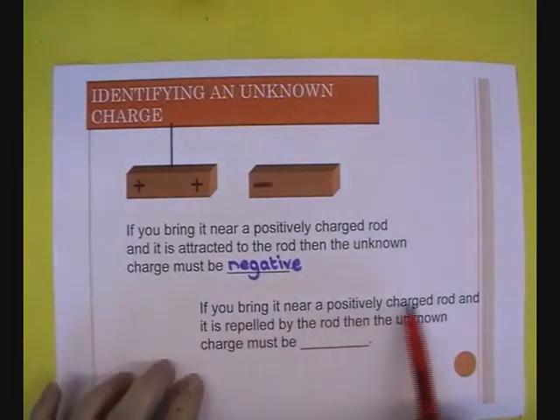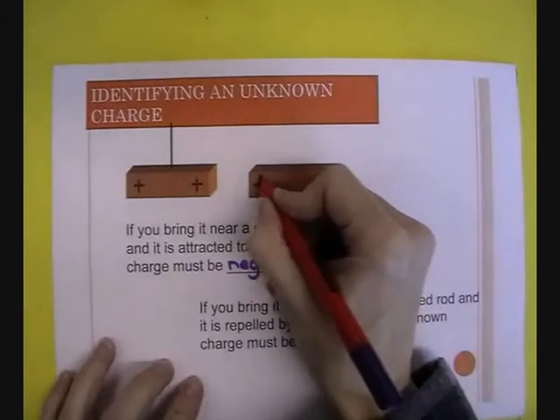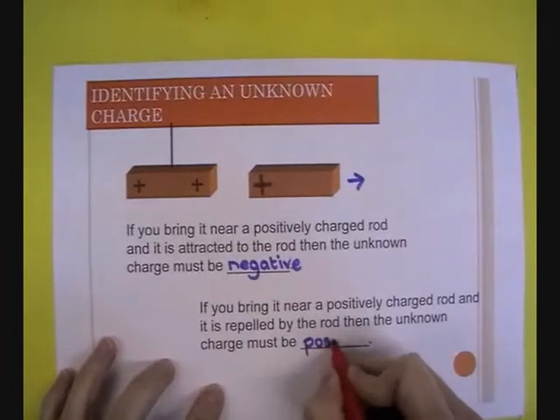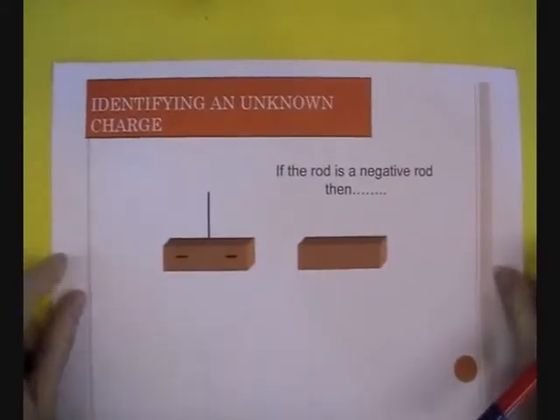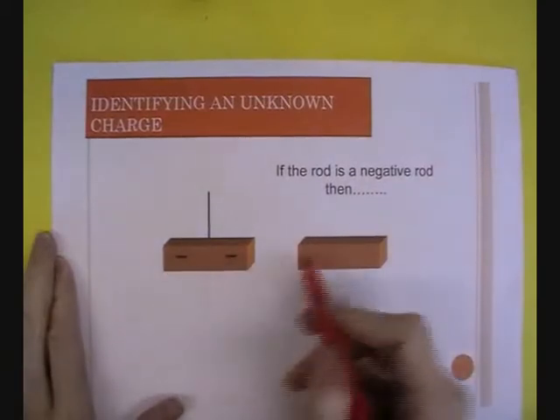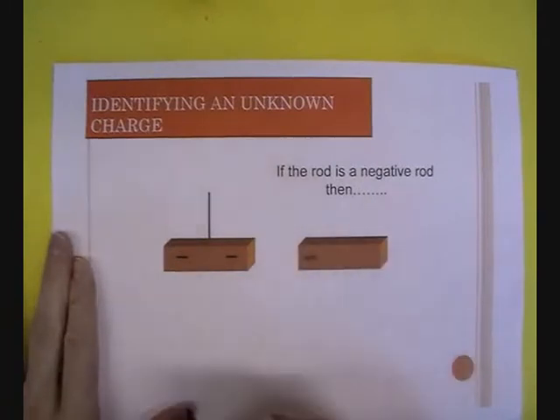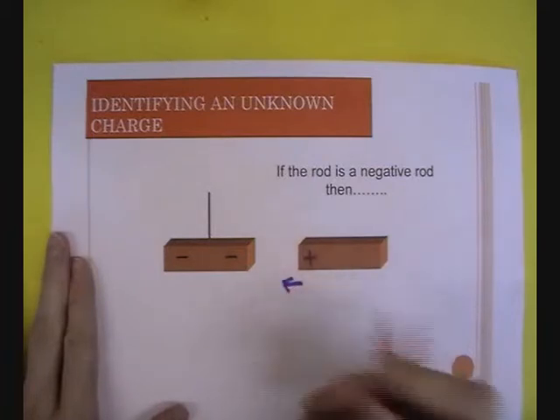If, however, you bring it near a positively charged rod, and it repels this time, then the unknown charge must be positive, because you know that like charges repel. So the opposite, of course, is true. If the rod is a negative rod and you bring this unknown charge up, then if it is negatively charged, it's going to repel, and if it is positively charged, it's going to attract.